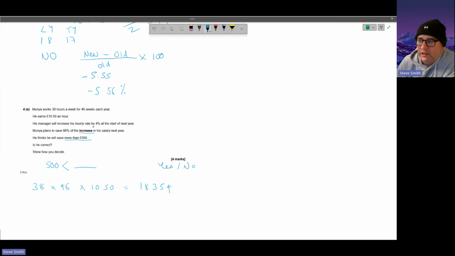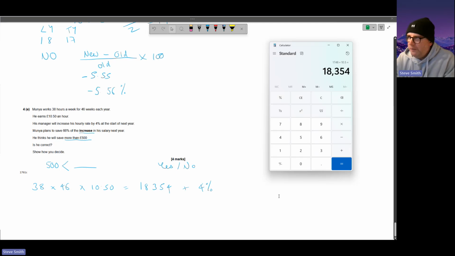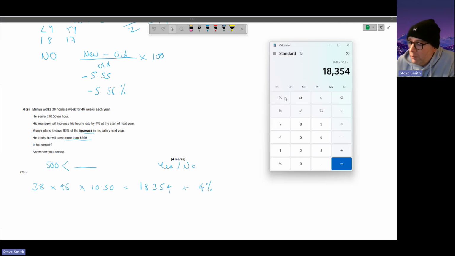He's going to get an increase of 4%. And he's going to save, so let's add 4%. And remember, there's 3 ways to do this. I will do it the way as if we haven't got a percentage button on our calculator. I'm going to multiply that number by 1 point, because I want the whole lot.